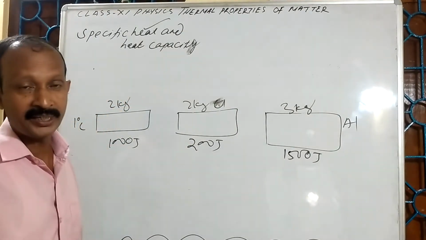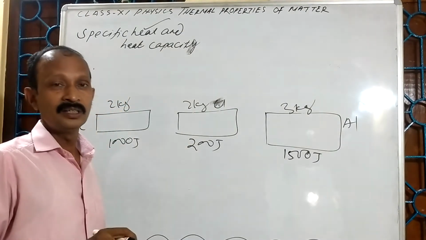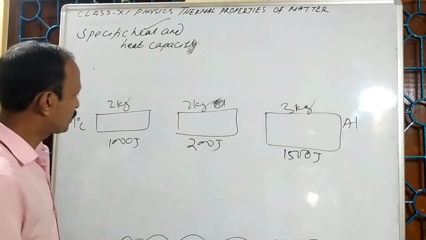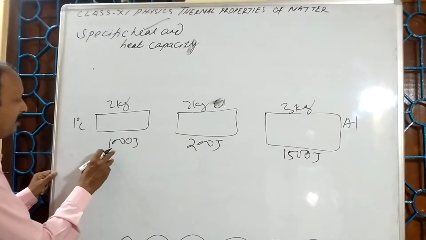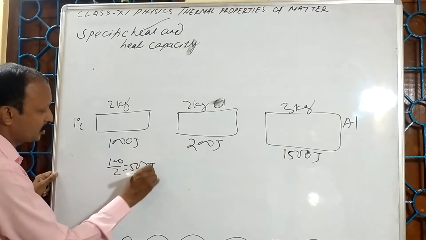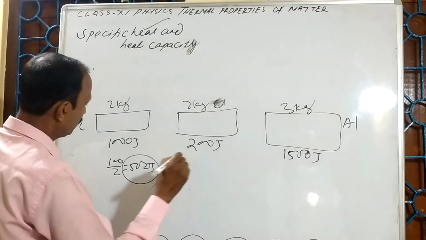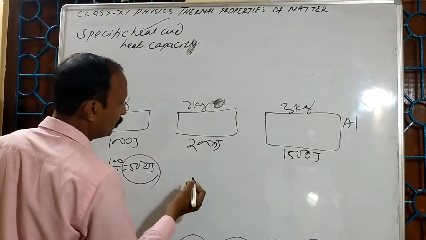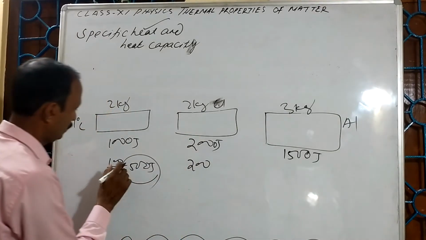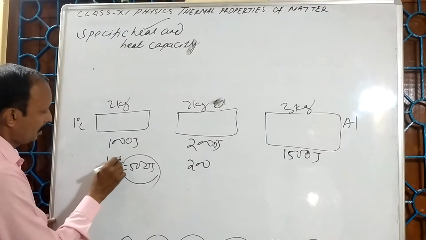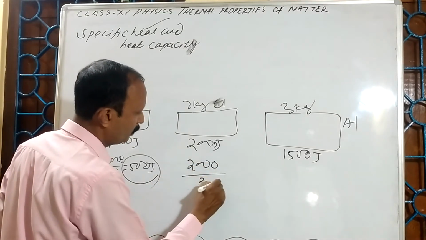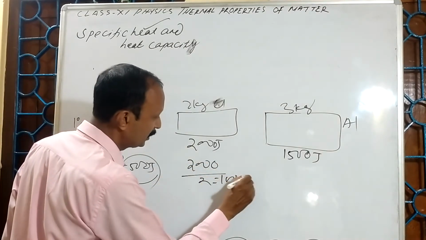So we calculated how much heat is required to raise its temperature 1 degree. That time I said that 1000 upon 2, that is equal to 500 joule. Here 2000 upon 2 is 1000 joule.